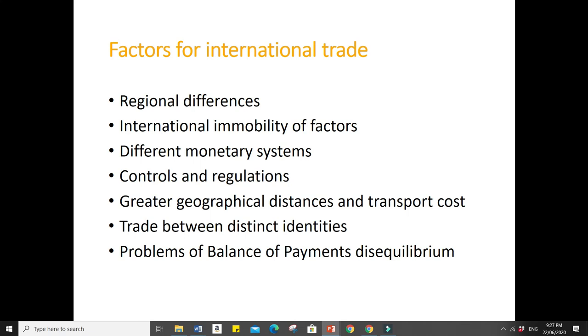Okay. And then another factor for international trade is the different markets and goods. So for example, here in the Philippines, if you notice, drivers would actually stay on the left side. Diba? The steering wheel can be found at the left side of a car. But if you go to the US or in Hong Kong, people drive at the right side of the car.